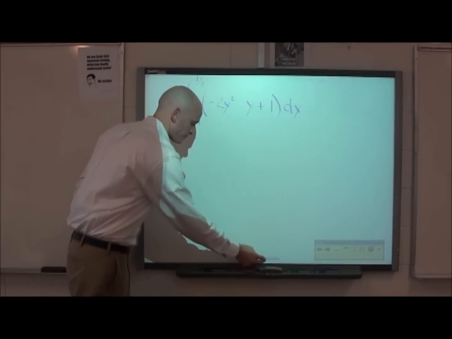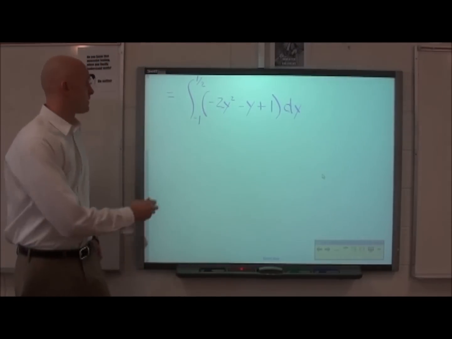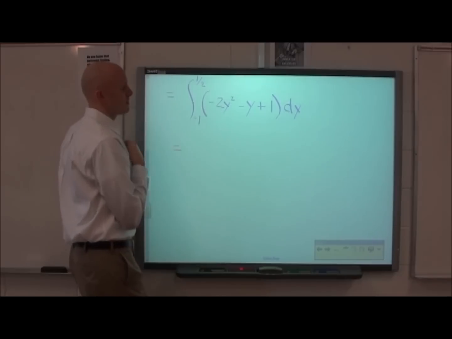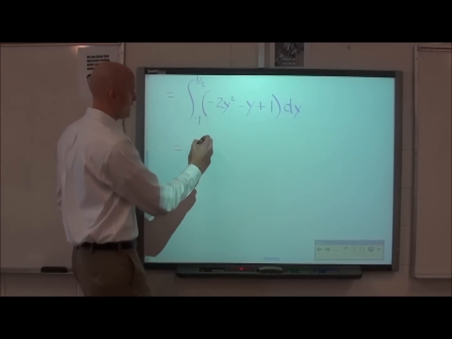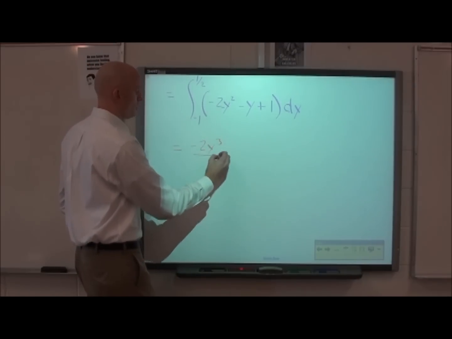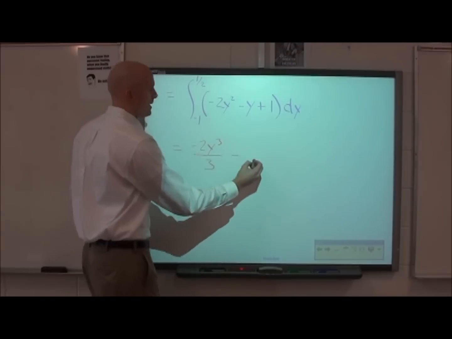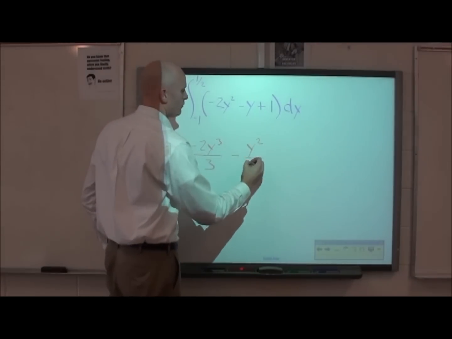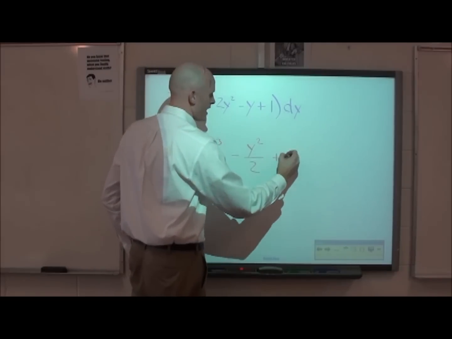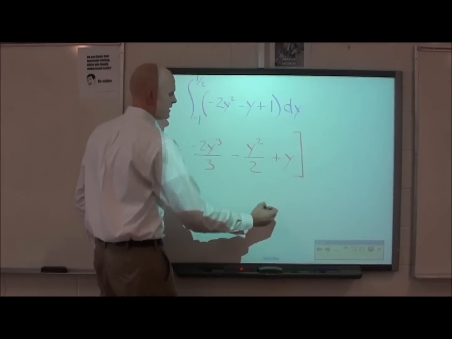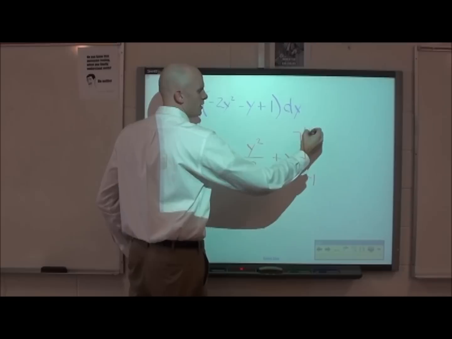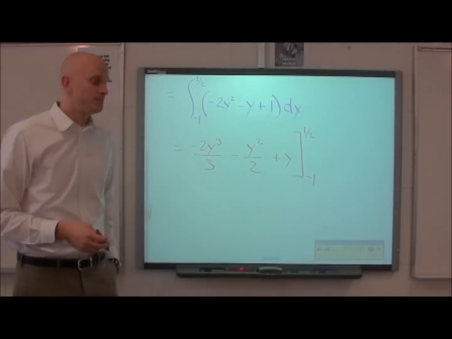Solving. Antiderivatives. Antiderivative of this, we would have a -2y cubed over 3 minus a y squared over 2 plus a y, and all of that is integrated from -1 to 1/2.